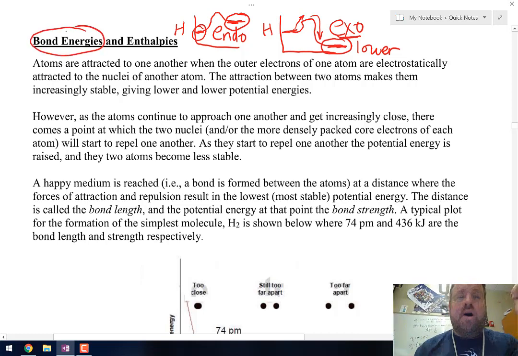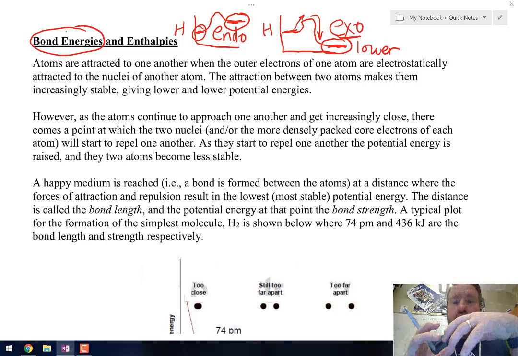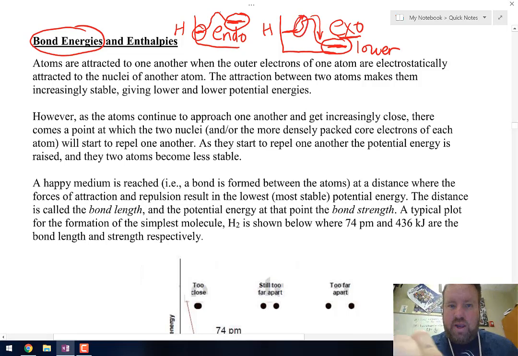The bond energy really is a measure, using enthalpy, of how much energy it takes to break bonds. Remember, that's our breaking bond point right there. How much energy it takes to break the bonds, and then also how much energy is released when new bonds are formed.